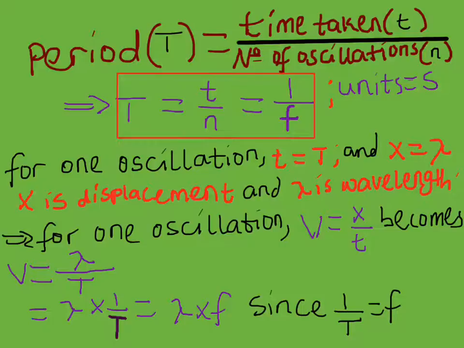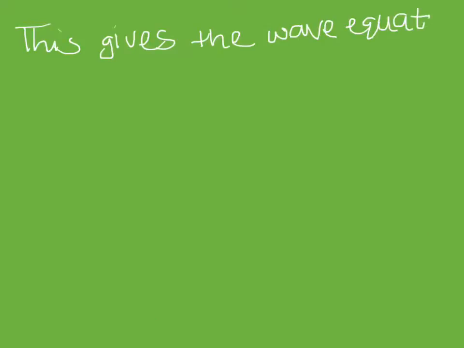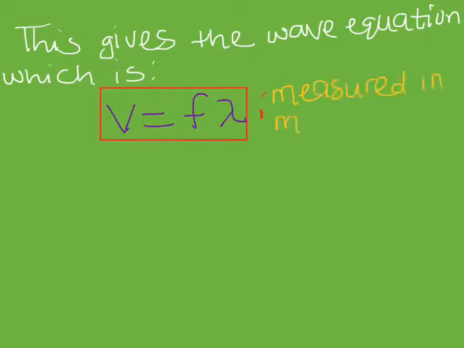So we have v equals wavelength times f, which brings us to our wave equation, v equals f lambda, that is frequency times wavelength.